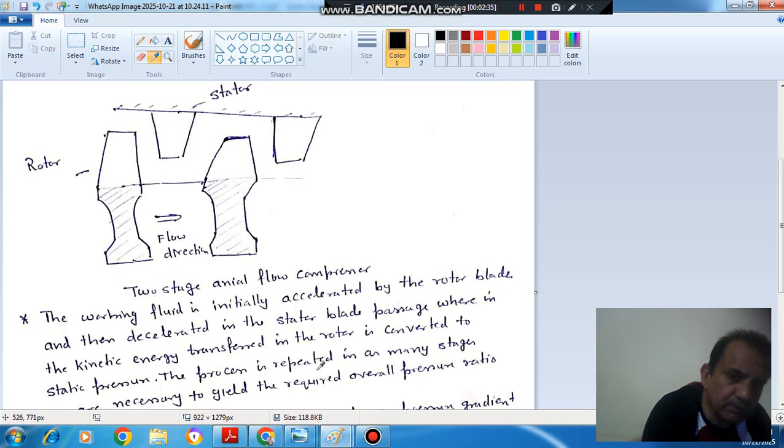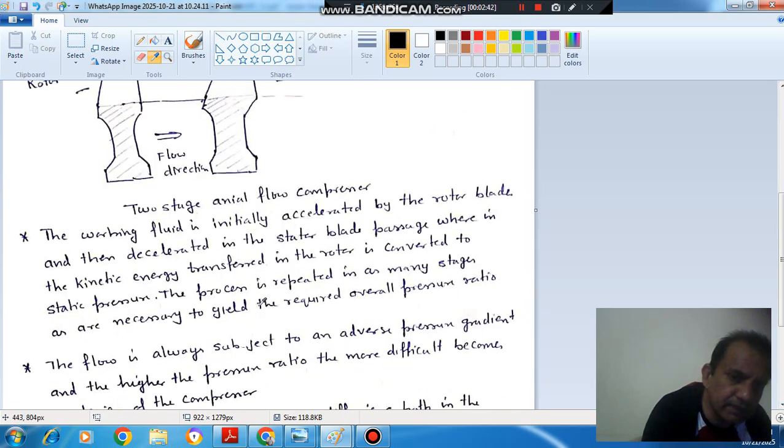The process is repeated in as many stages as are necessary to reach the required overall pressure ratio. Here there is a two-stage compressor, but it can be a three-stage or four-stage compressor, depending upon the overall pressure ratio required.